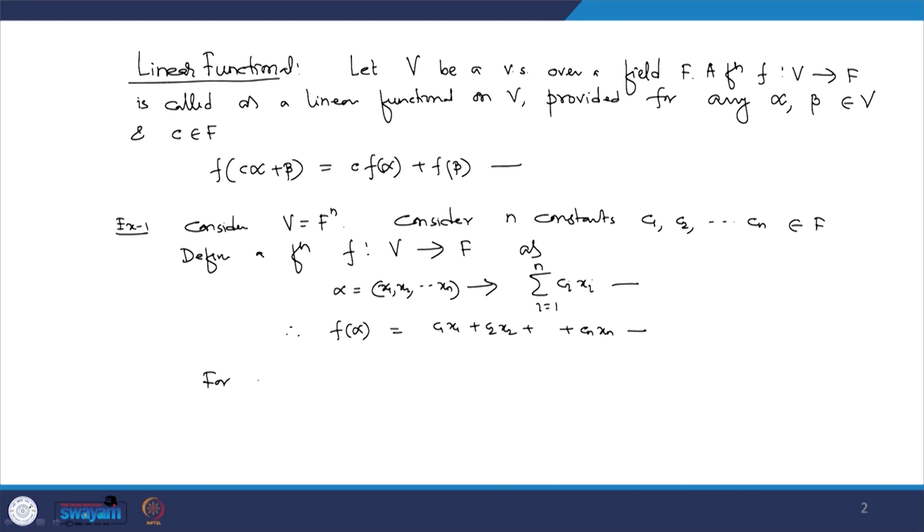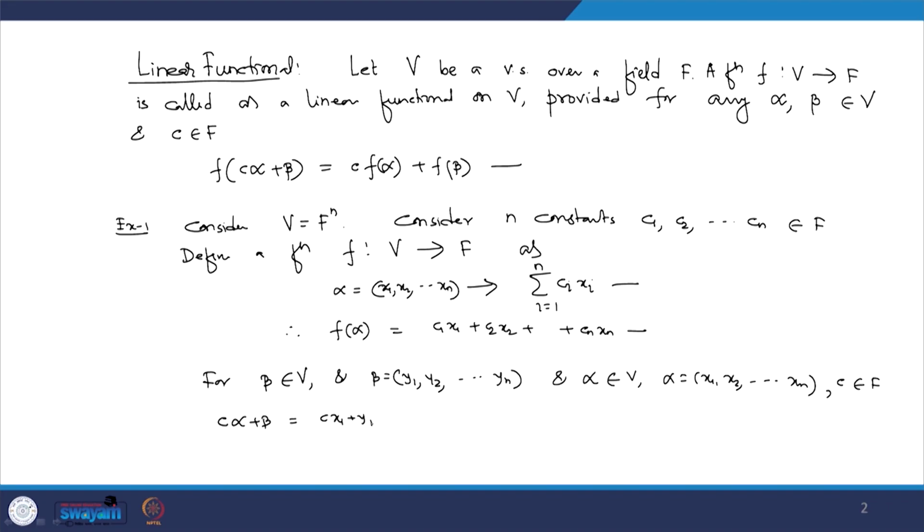For any other element beta belonging to capital V, beta equal to y1, y2, yn, and alpha belonging to V, alpha equal to x1, x2, xn, and C belonging to capital F, C alpha plus beta is equal to C x1 plus y1, comma, C xn plus yn.